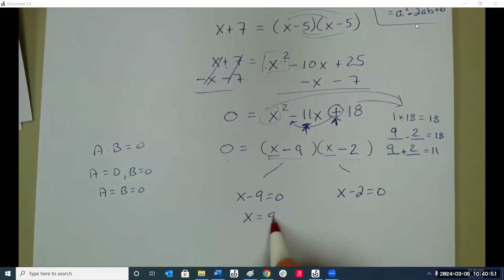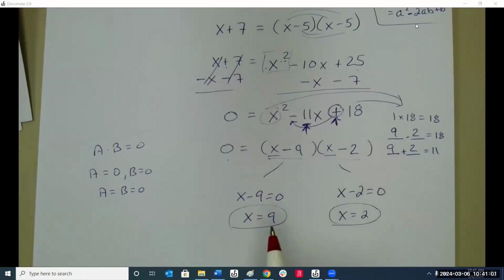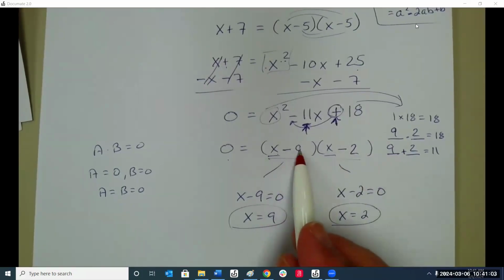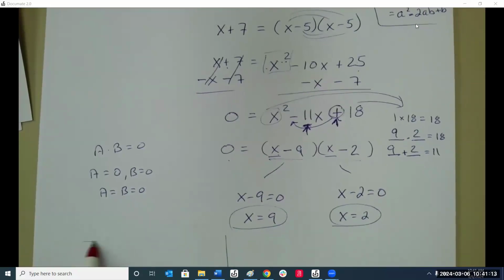So x equals 9 and x equals 2. Again, whatever's inside the parentheses is always the opposite. So x minus 9, we know it's positive 9. X minus 2, it's positive 2. We're not done yet. How do we know those are right answers? Check your answers.